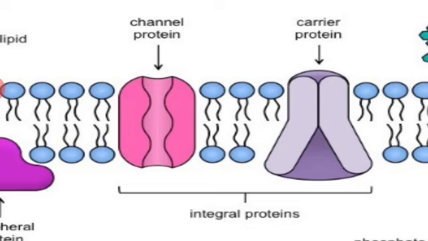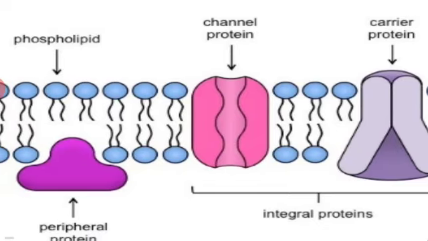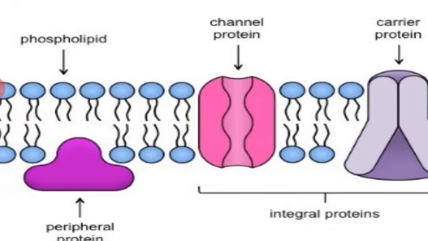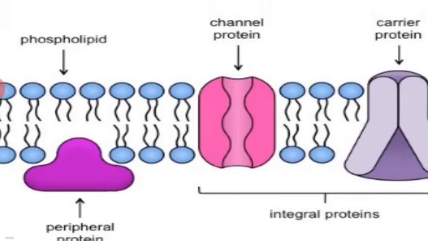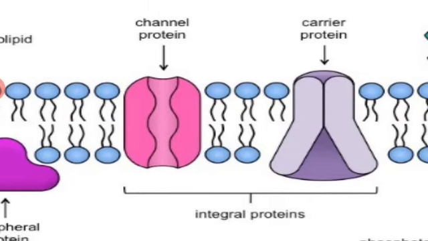If you compare these to the first one that I showed you, the first one is at the surface, therefore it is peripheral, and it is called a peripheral protein, while the other two span across the plasma membrane. They are integral proteins.